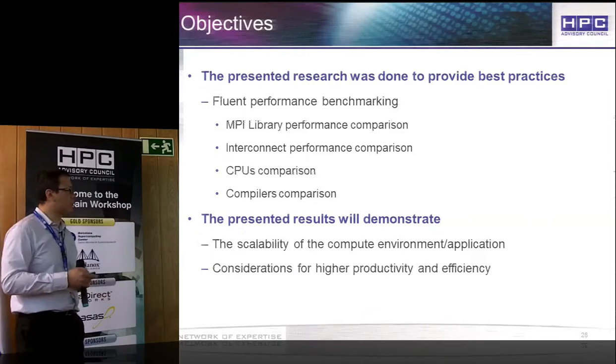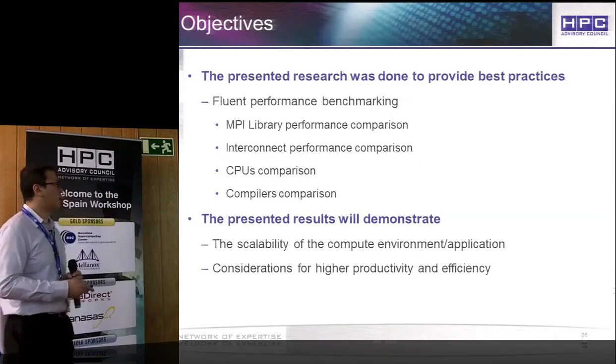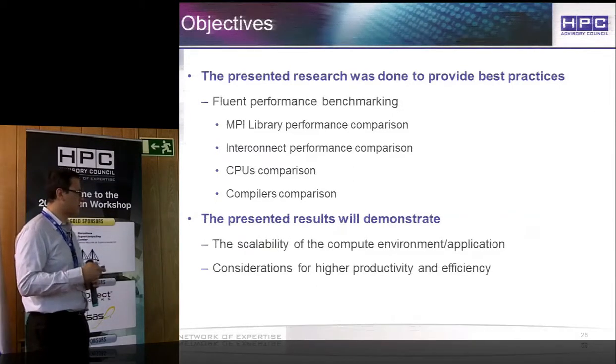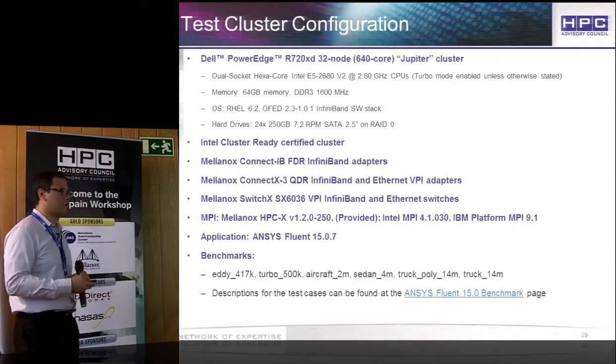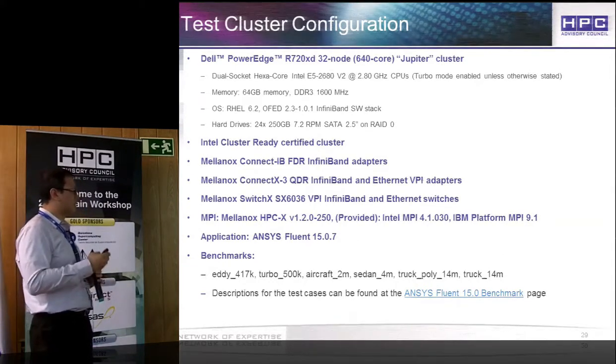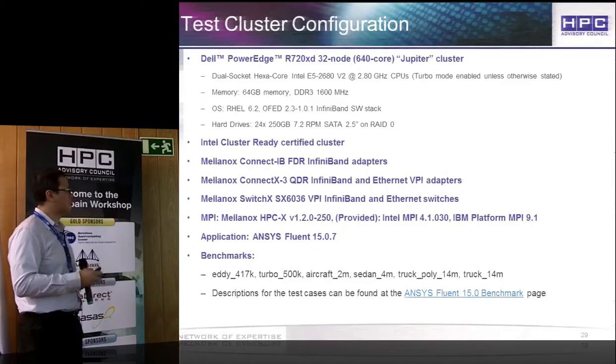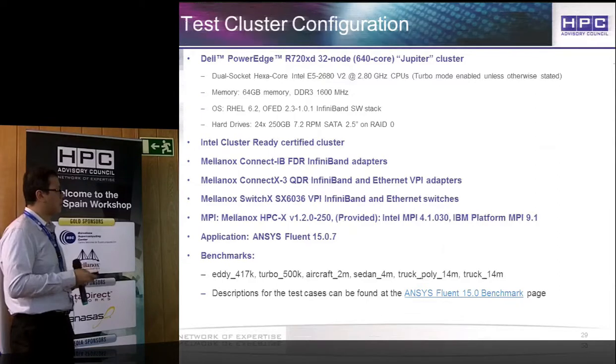Similarly, I'm going to see how sensitive the hardware components are for this particular user application, and how to make it even more scalable for ANSYS Fluent. The hardware configuration for this study is a Dell PowerEdge R720XD 13-node cluster running Ivy Bridge.